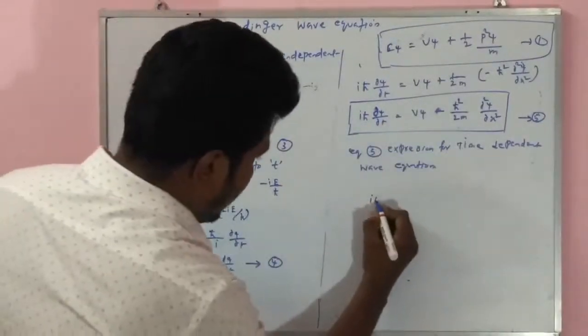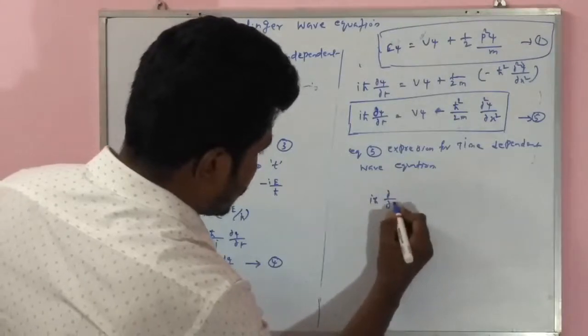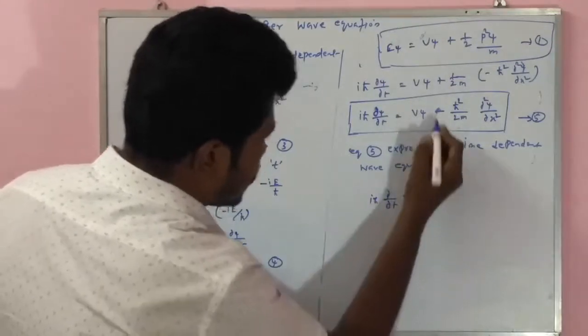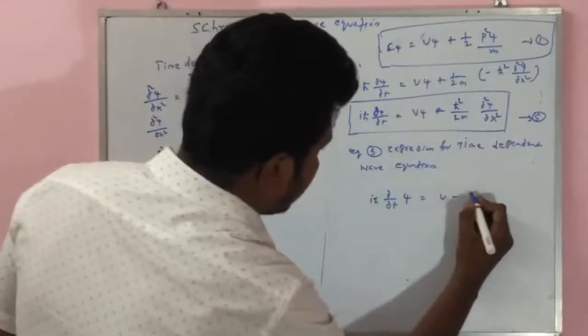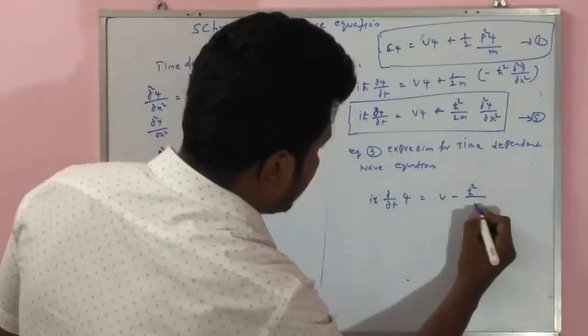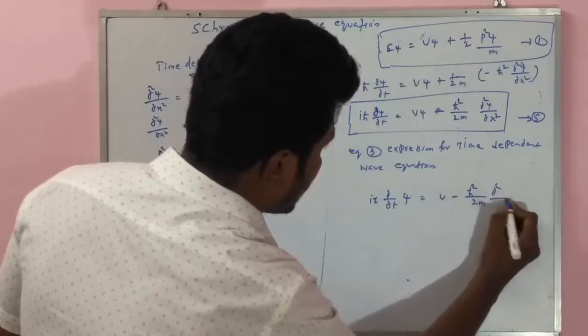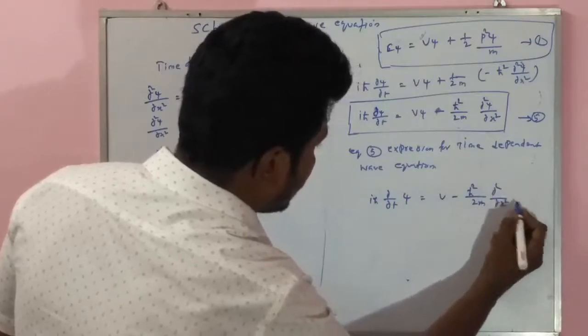So iħ ∂ψ/∂t into ψ is equal to, in this case ψ is a common factor, so V minus ħ²/2m into ∂²/∂x² of ψ.